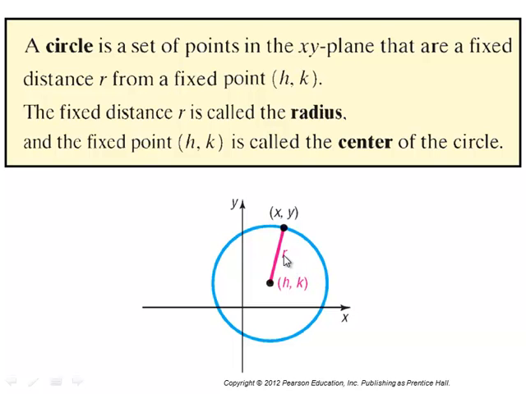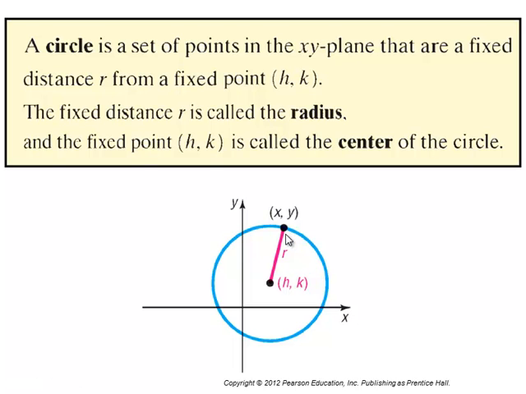Let that distance be r, r as in radius. So we have a point, h comma k, at the so-called center, and we have a radius r. And what we want to do is say that the distance between the center, h comma k, and any point on the circle itself is going to be constant r.